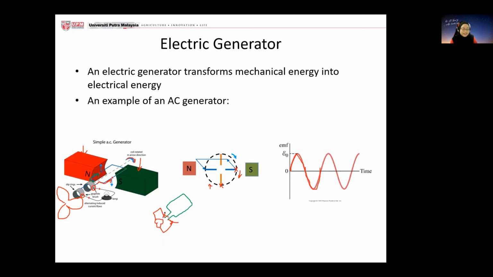It's going to get twisted, right? So that's why you have the slip rings. The slip rings will enable the turning of the coil without twisting the wire, or whatever sort of connecting line that you have.